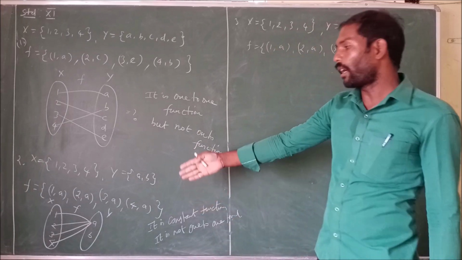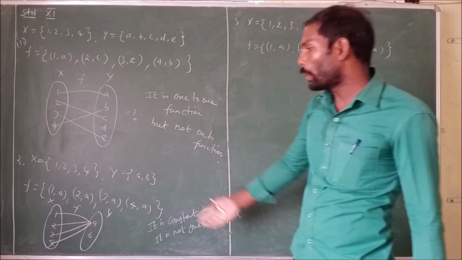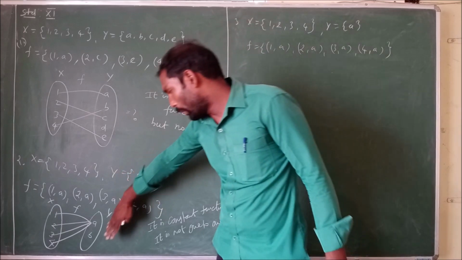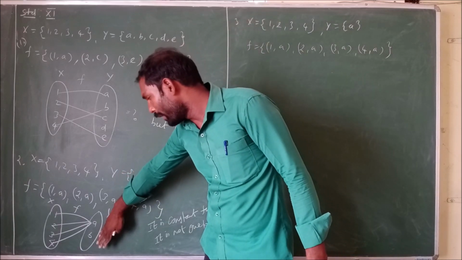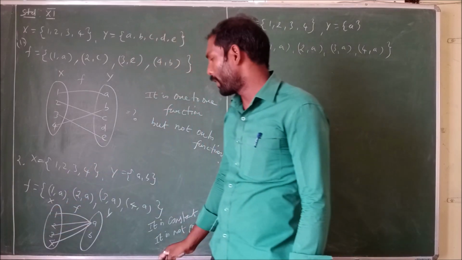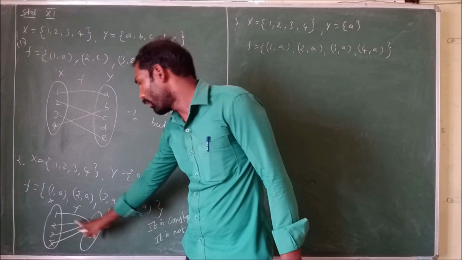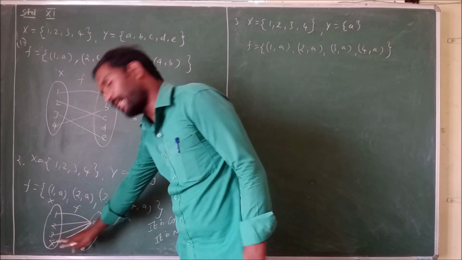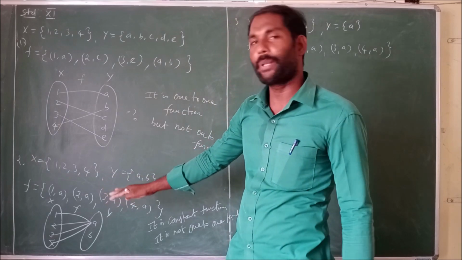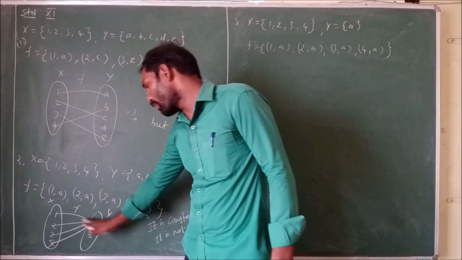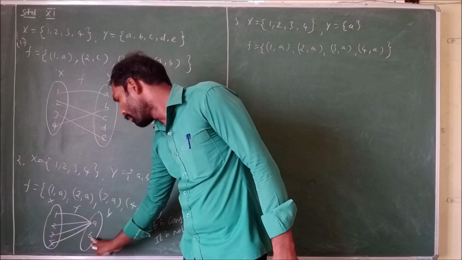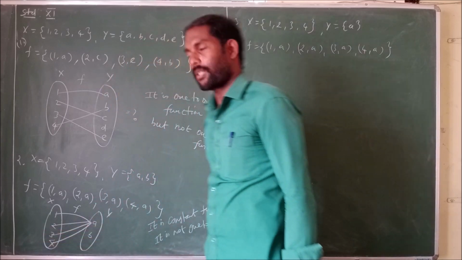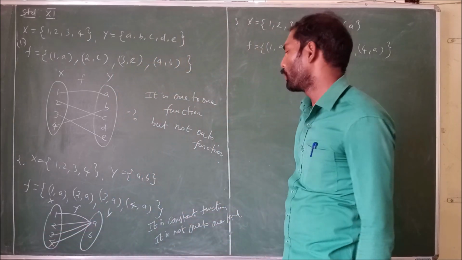Again, we check whether it is onto. Onto means that every element in the codomain has a pre-image in the domain. A is the image of 1, 2, 3, 4; at least one pre-image is enough, more than one is accepted. A has a pre-image but B does not, so it is not onto.